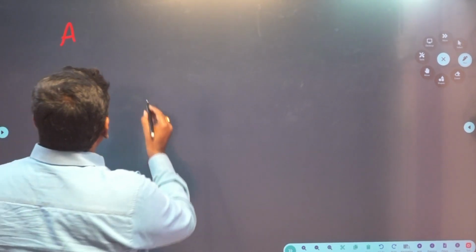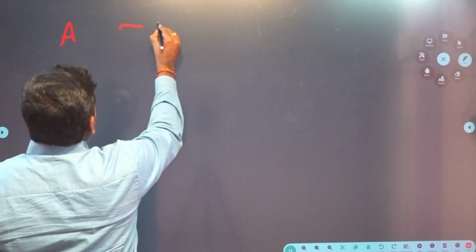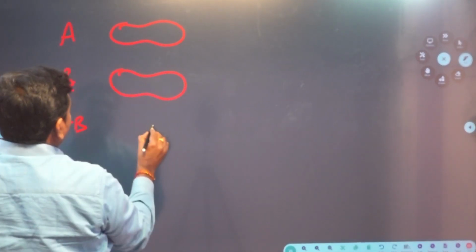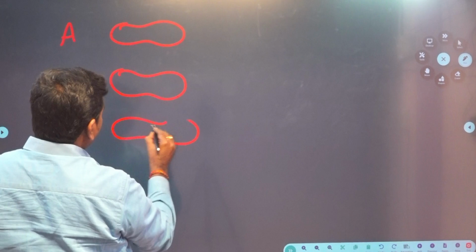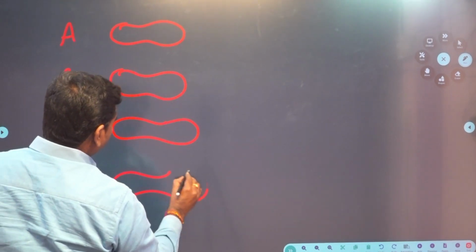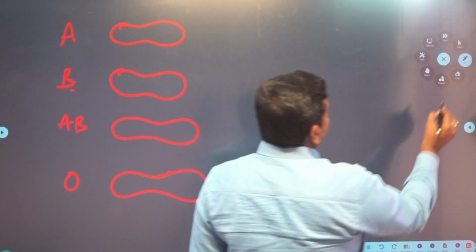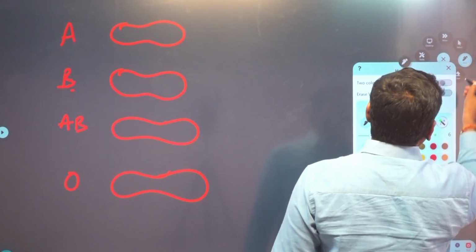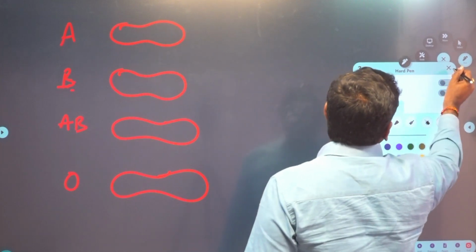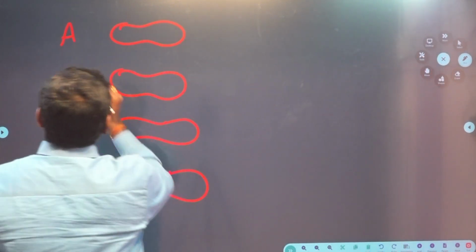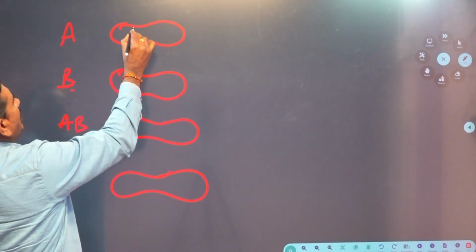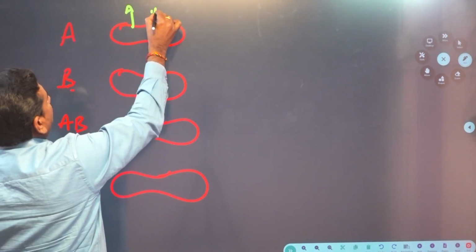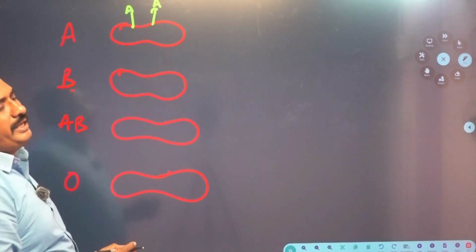This is the RBC. In the RBC, if A antigens are present, this is called the A blood group.